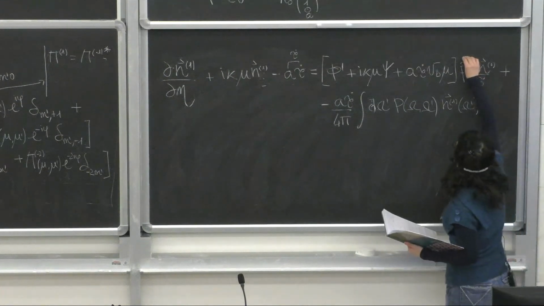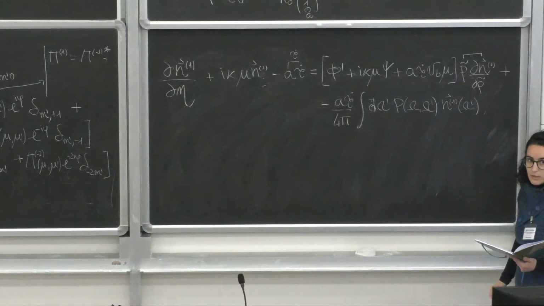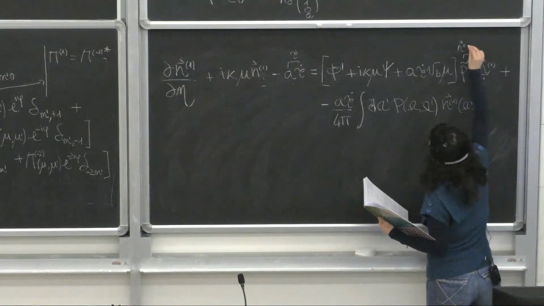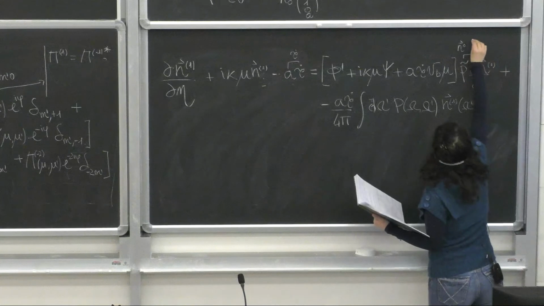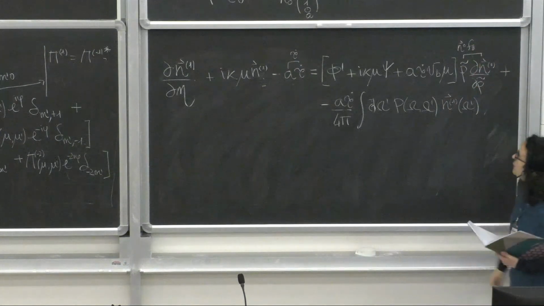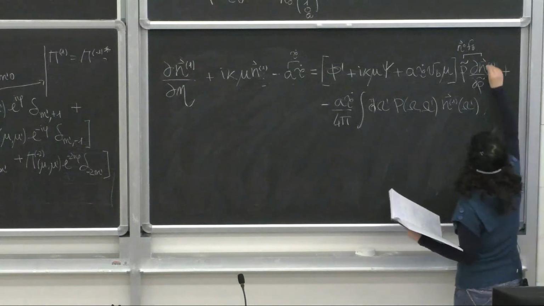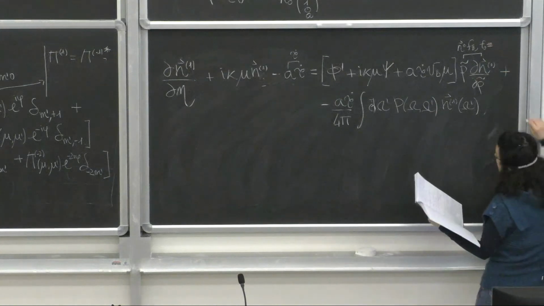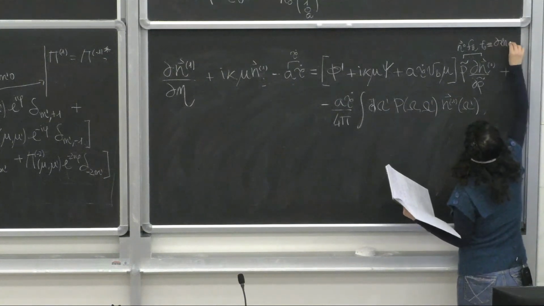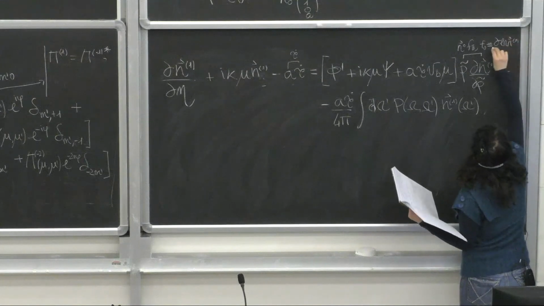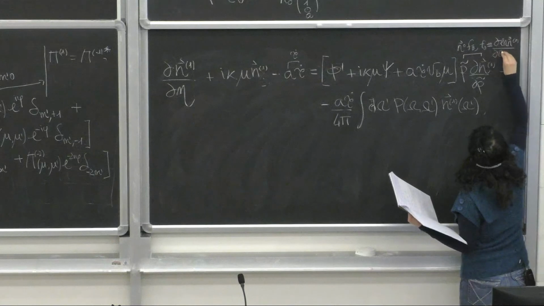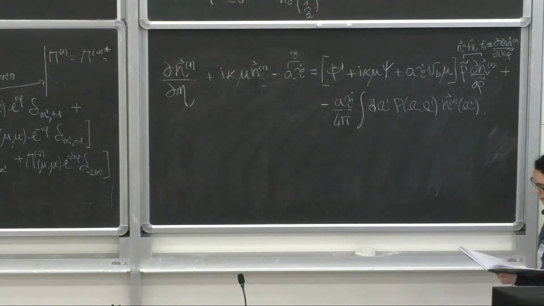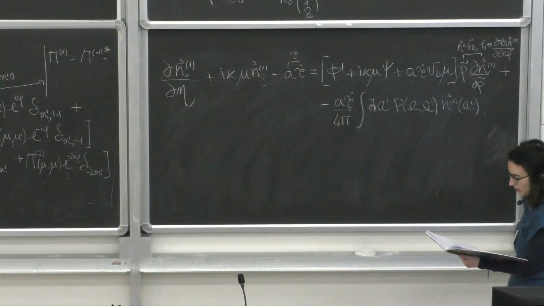First, let's rewrite this product here, p tilde times the derivative, as n0 times f0, where f0 is the logarithmic derivative of the unperturbed distribution with respect to p tilde. So this will just lighten a bit the notation.